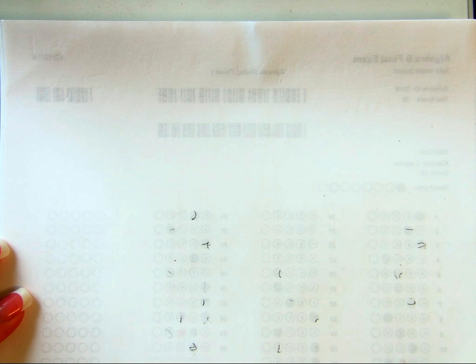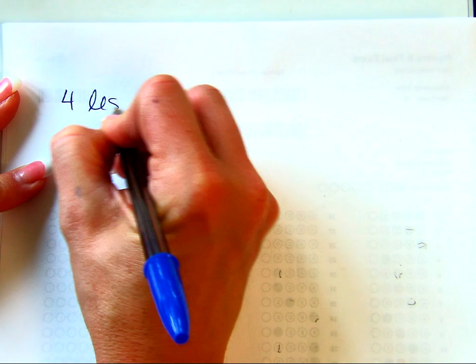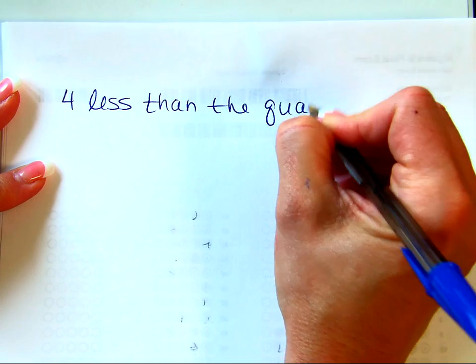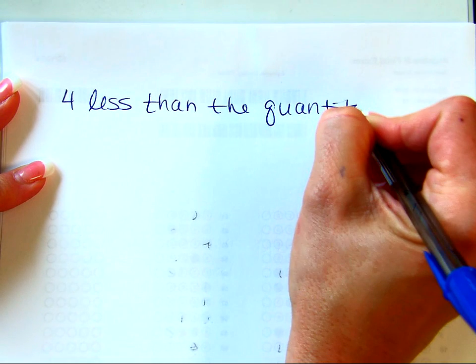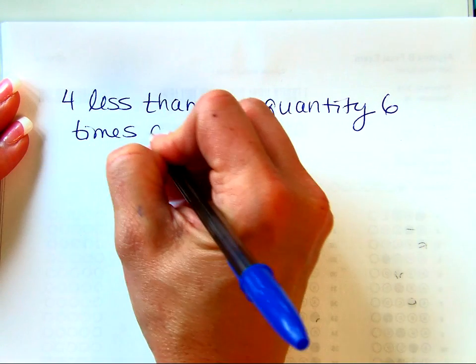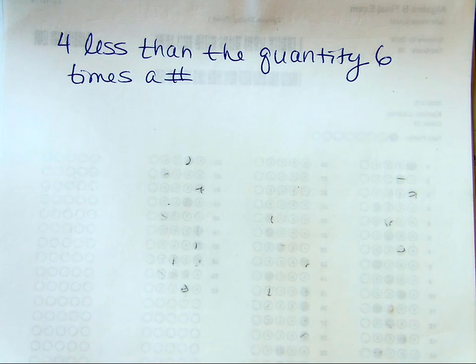All right, so now we're going to start by translating some phrases into expressions, which means I'm going to give you the words and you're going to translate it for me. So if I say 4 less than the quantity 6 times a number, and then ask you to write the expression for that.